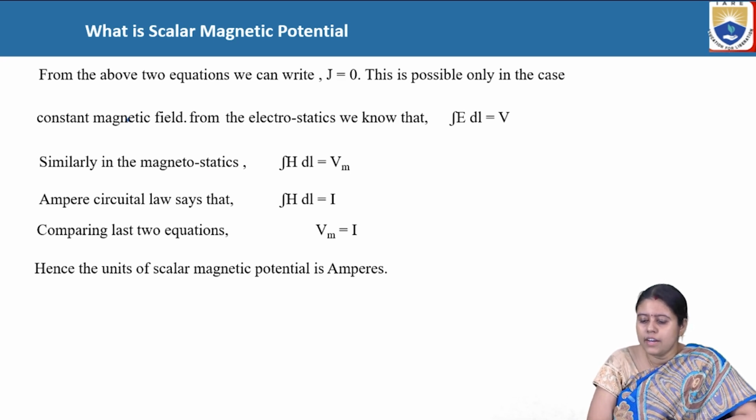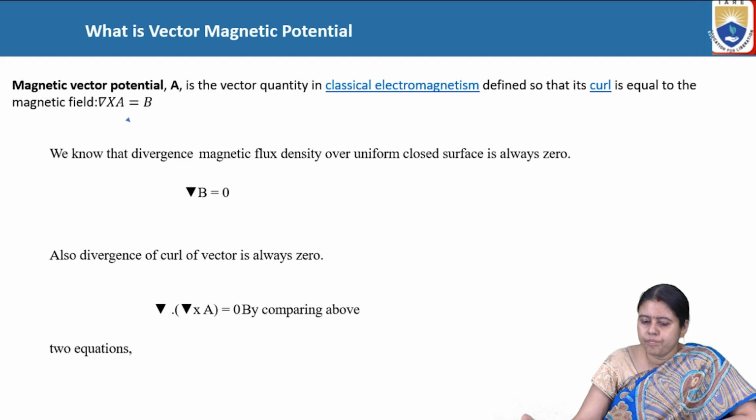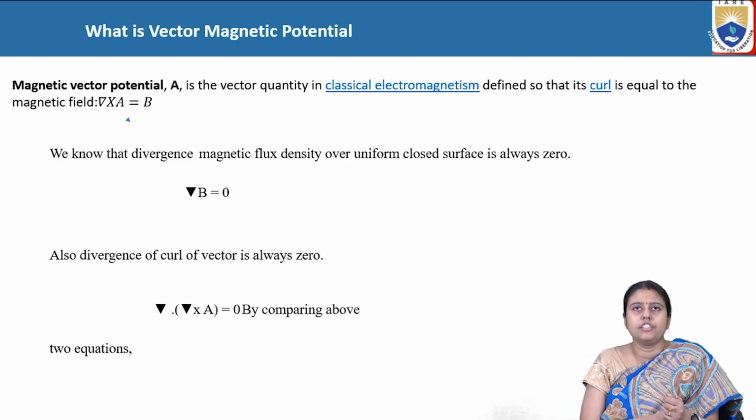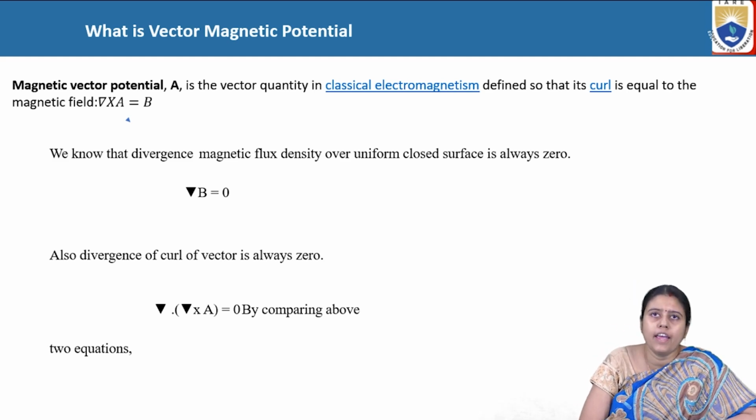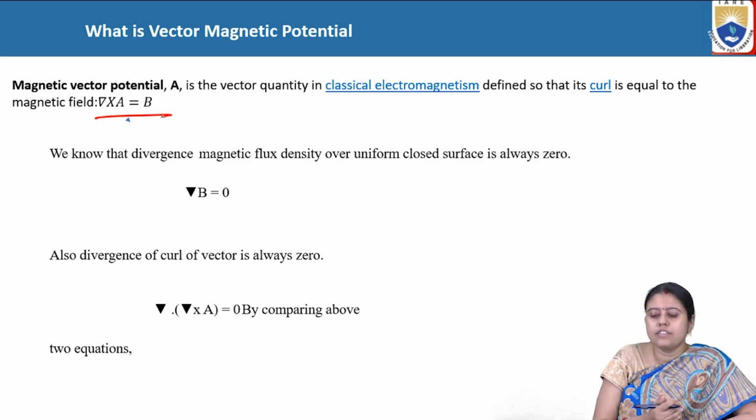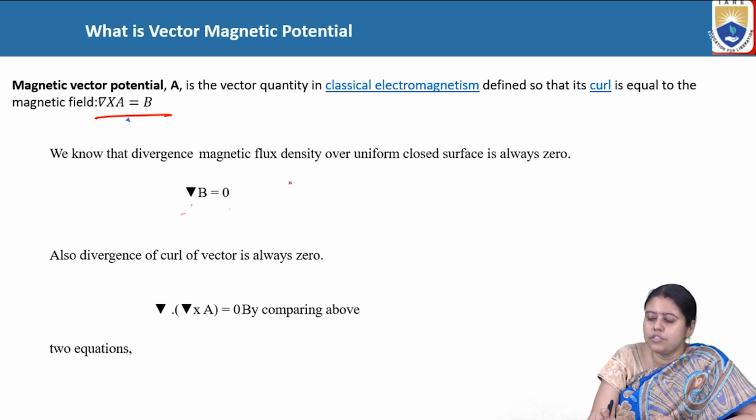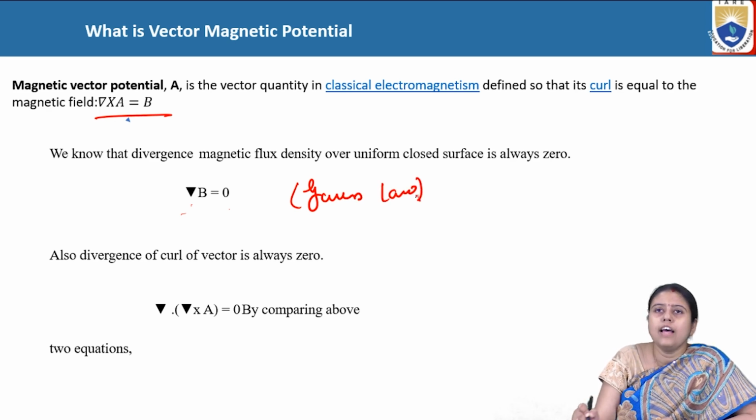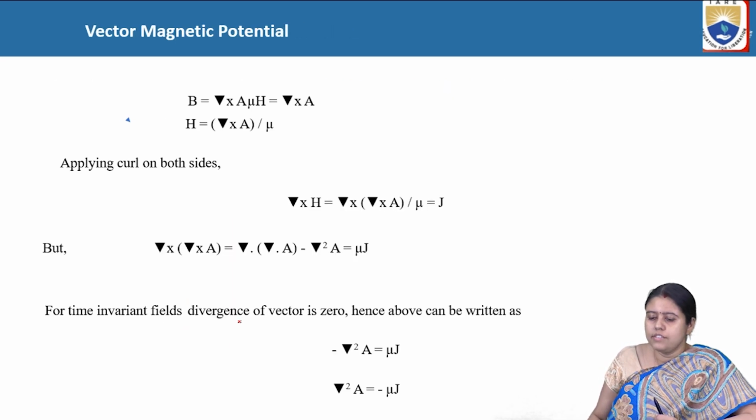So what is the vector magnetic potential? The magnetic potential A is the vector quantity of classical magnetism defined so that the curl, grad cross A, is equal to B. Already we know grad dot B is equal to 0 from Gauss law, or we can tell it as Maxwell's second law. As we discussed earlier, grad dot grad cross A is always 0.